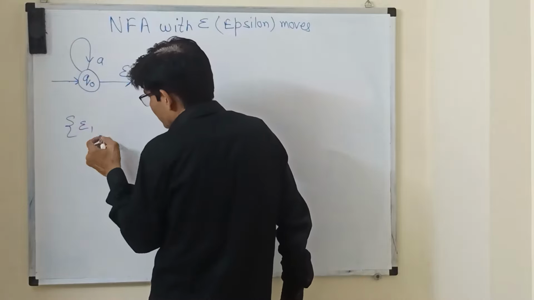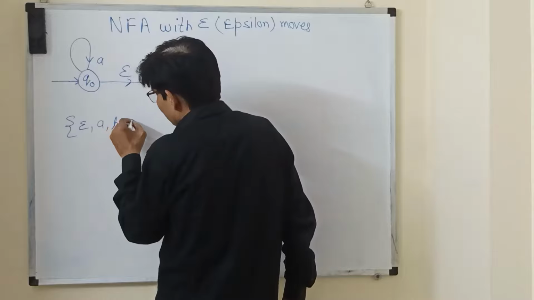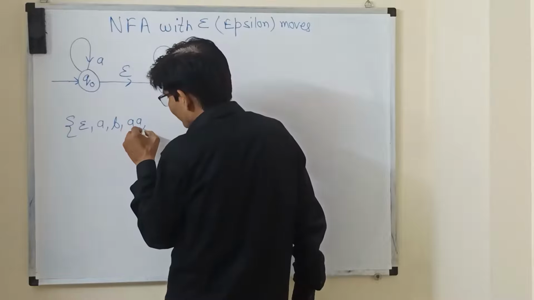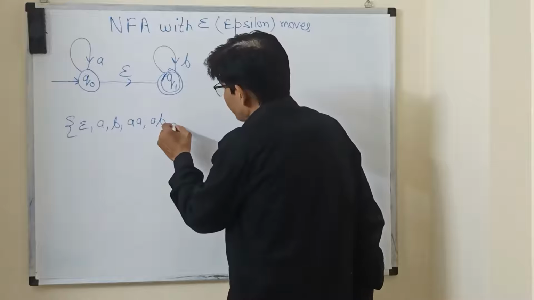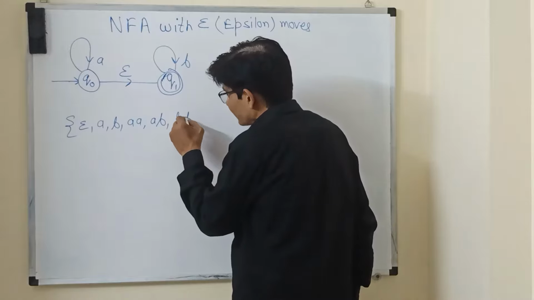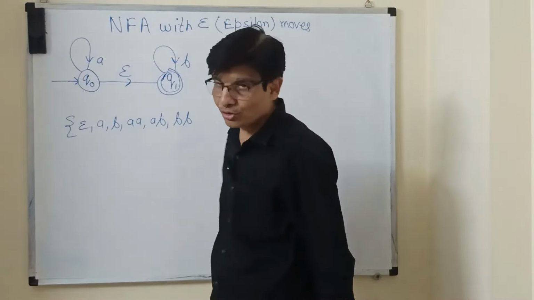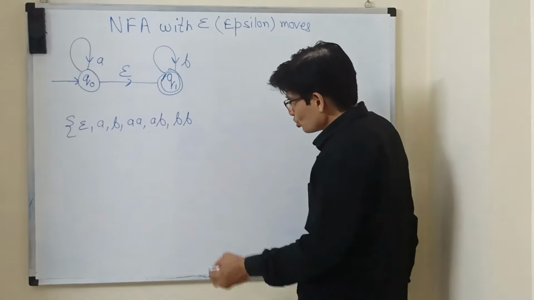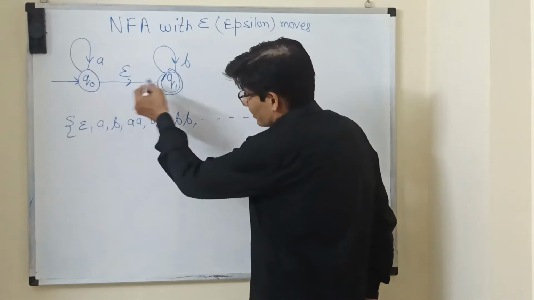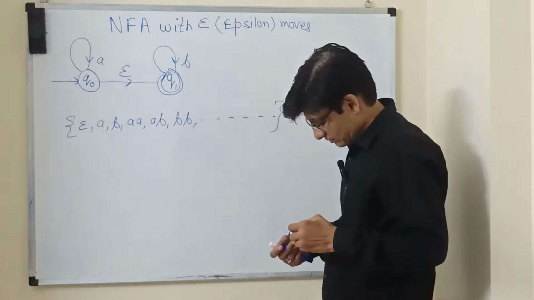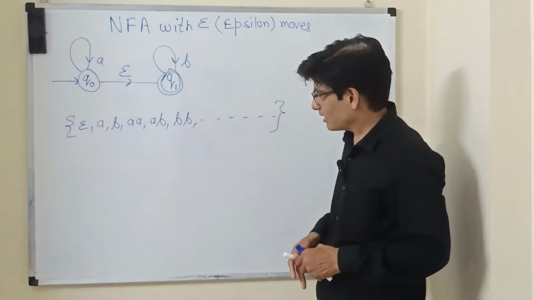So it can accept epsilon, and then it can accept A, it can accept B, it can accept AA, it can accept AB, it can accept BB, but it cannot accept BA here. So those kinds of strings can be generated and accepted by this machine. So this is the language of this particular NFA.